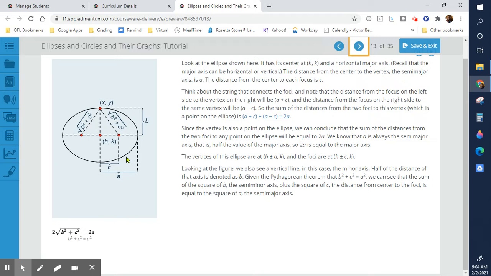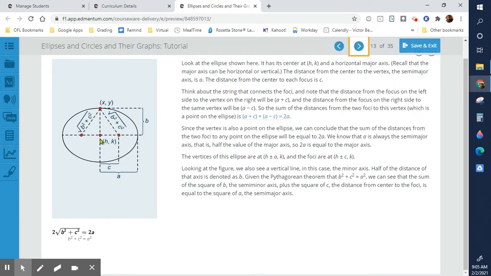So this b squared is the distance, let's call it the Y distance, the vertical distance. The b is the vertical distance of any point on the ellipse. And the c in this case is the horizontal distance of the ellipse.